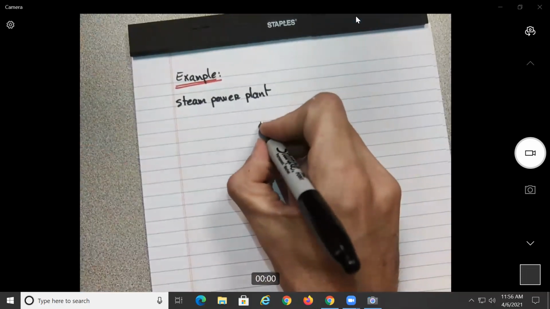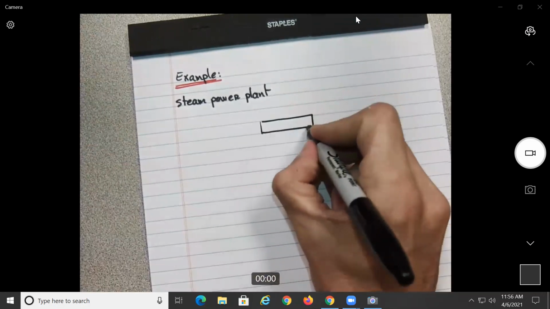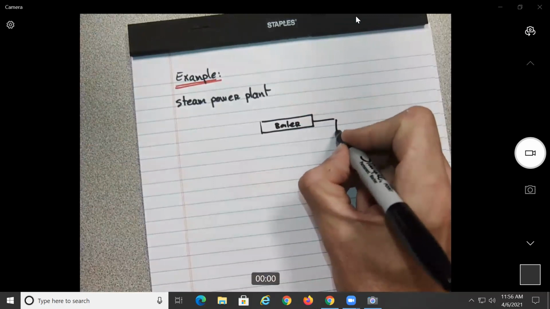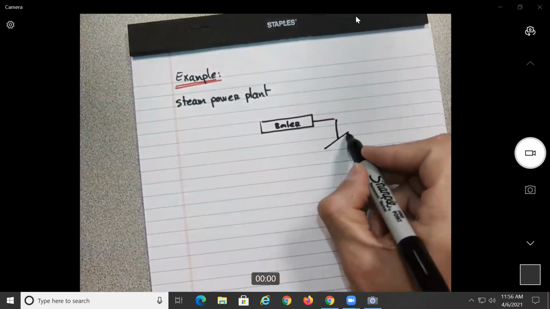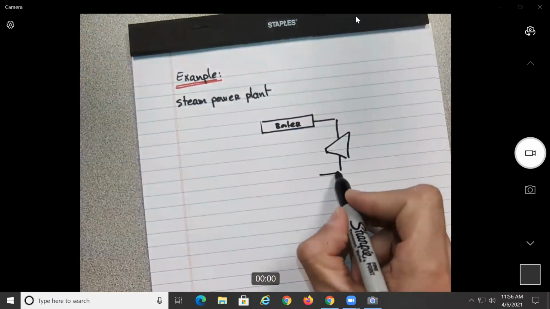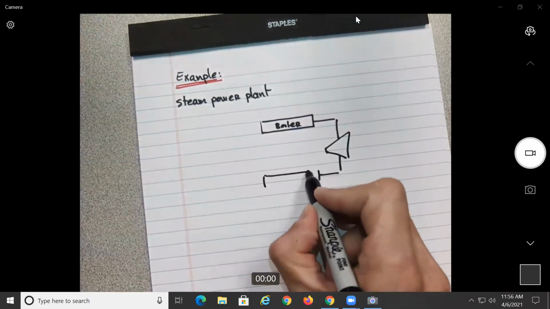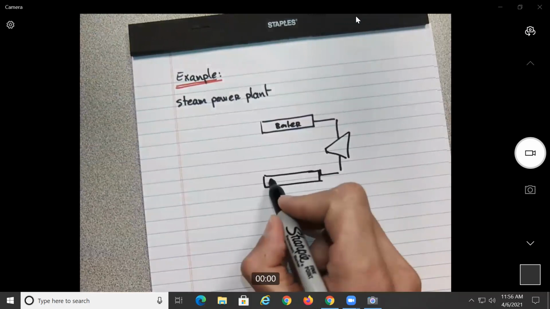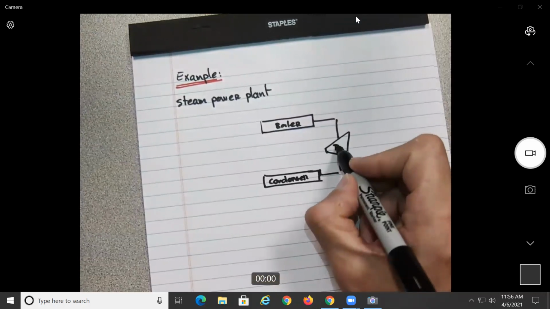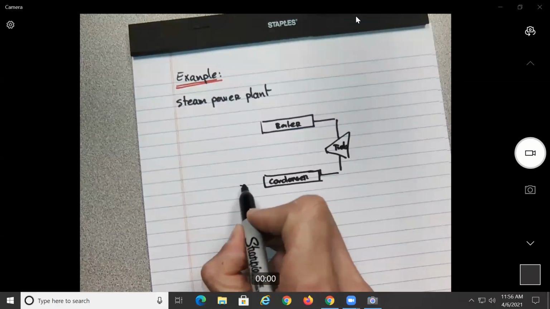So let's say we have here a boiler. Then here we're gonna have the turbine. Here we're gonna have the condenser. And here we're gonna have the pump.